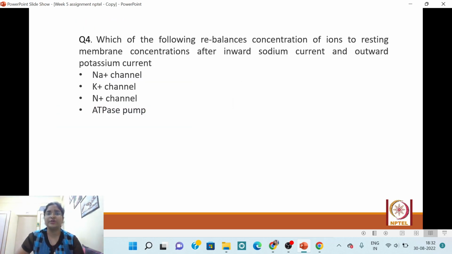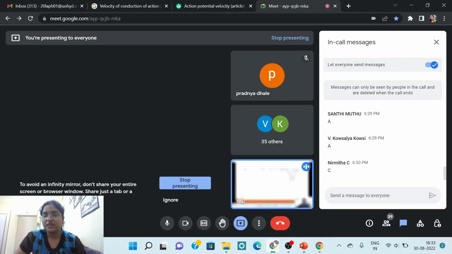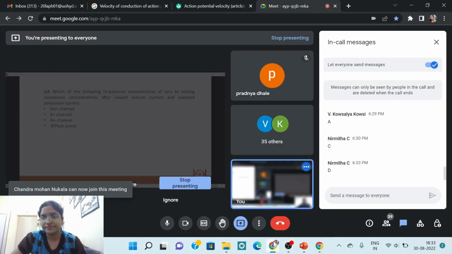Which of the following rebalances concentration of ions to resting membrane concentration after inward sodium current and outward potassium current? Read the question carefully and then answer. The time starts now. Start answering.